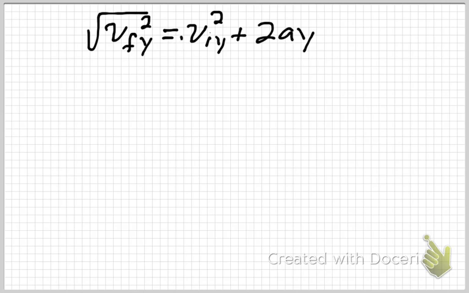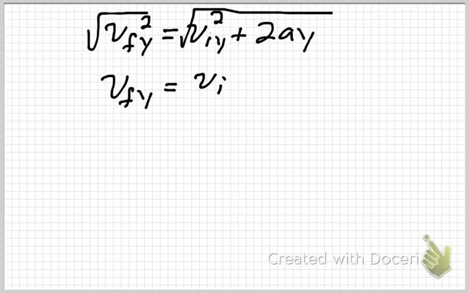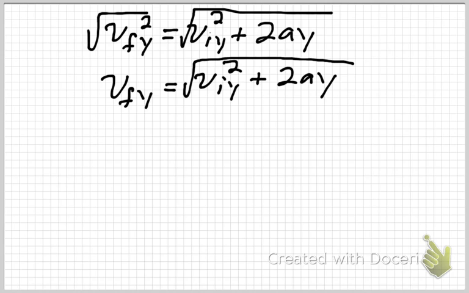I take the square root of both sides. So I get velocity final in the y equals the square root of velocity initial in the y squared plus 2ay. Now, the projectile is heading downward, so we need to remember to take the negative root of this, showing that the velocity is in the negative direction or pointing down.